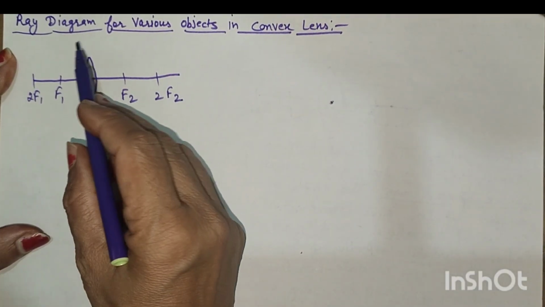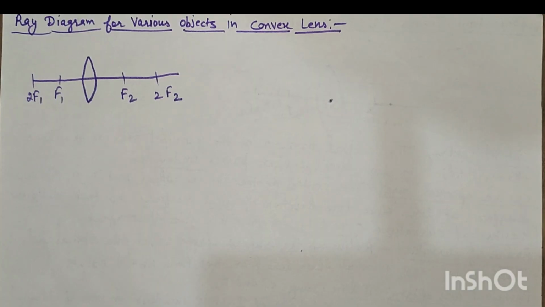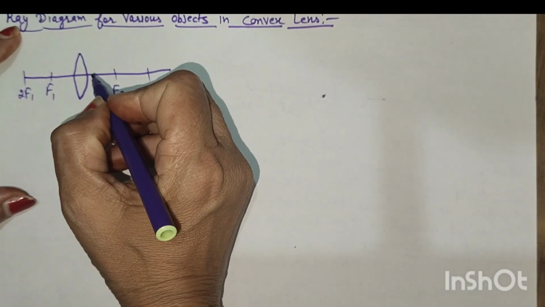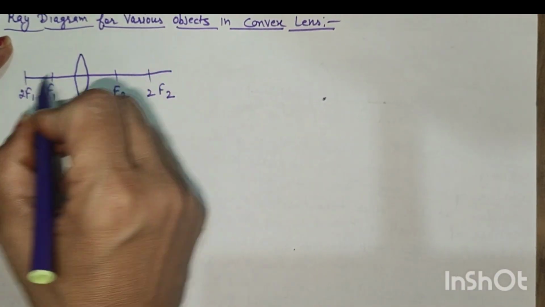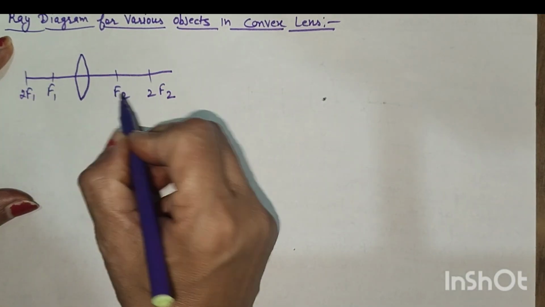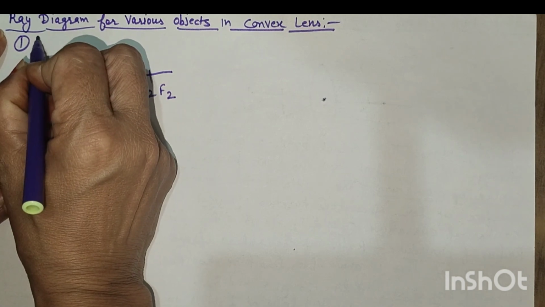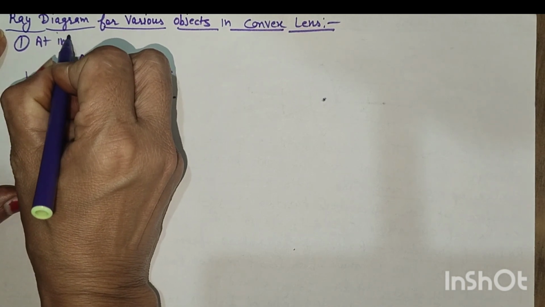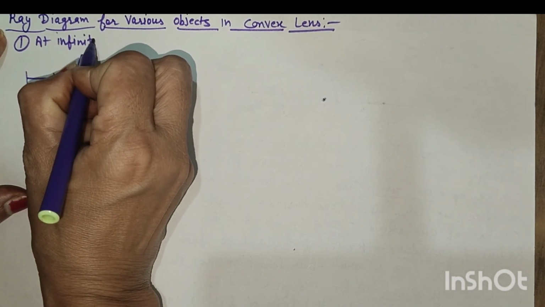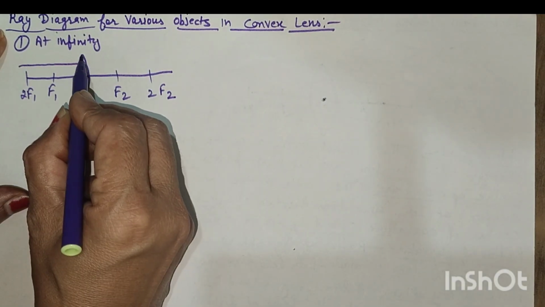Now we will discuss the ray diagram for various object positions in the convex lens. This is the convex lens. This is F1 and F2. The first position is when the object is at infinity. Rays are coming from infinity.